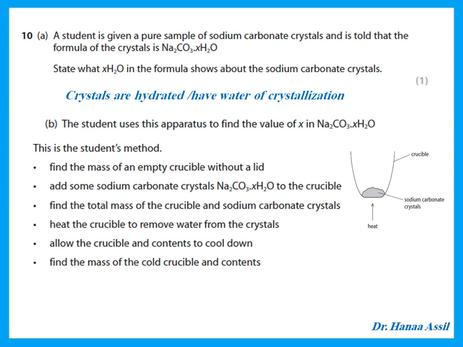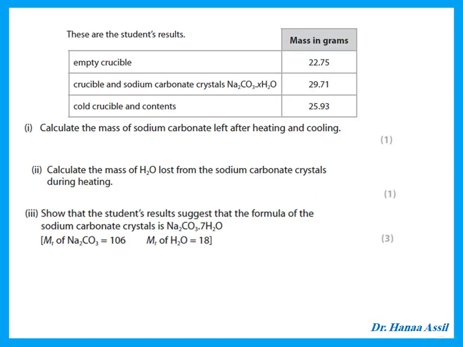The student uses this apparatus to find the value of X. So the student's method, he said, find the mass of an empty crucible without a lid, add some sodium carbonate crystals to the crucible, find the total mass of the crucible and sodium carbonate crystals, heat the crucible to remove water from the crystals, allow the crucible and contents to cool down, find the mass of the cold crucible and contents.